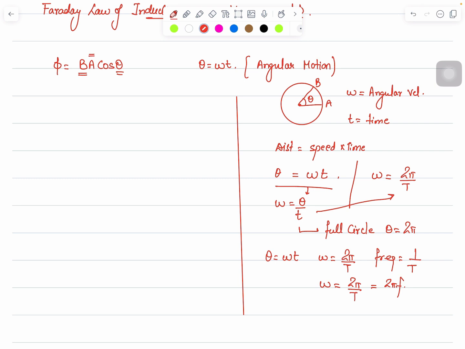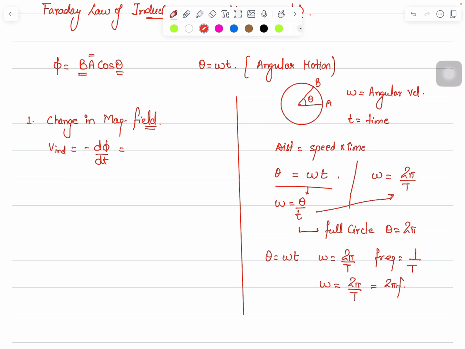Let's say when there is a change in magnetic field. First factor, change in magnetic field. Then how is the induced current produced? Okay, so can I simply say V induced is equal to negative d phi over dt?